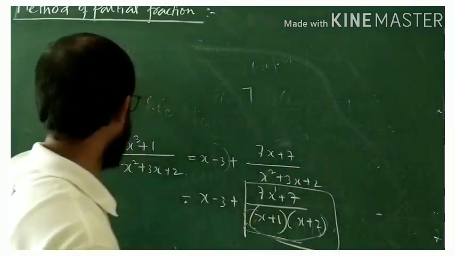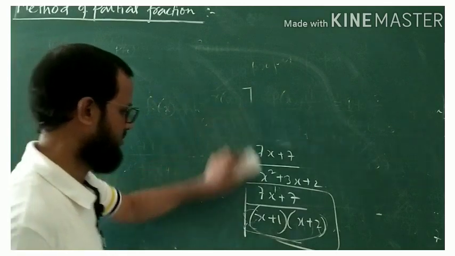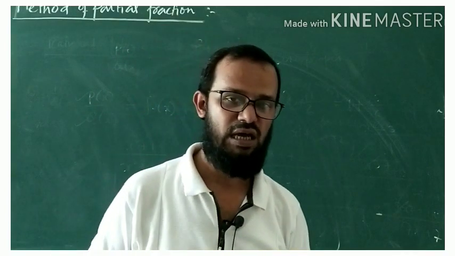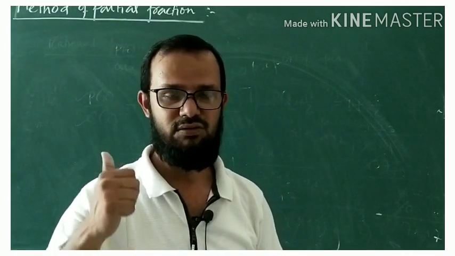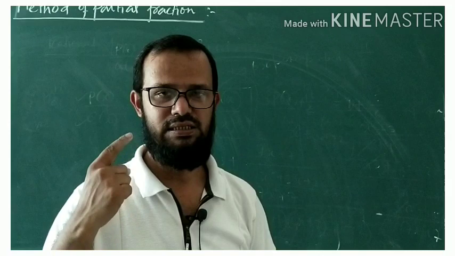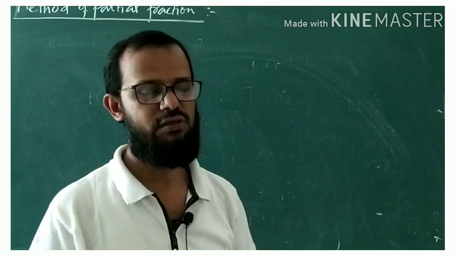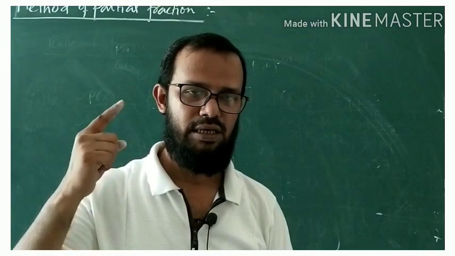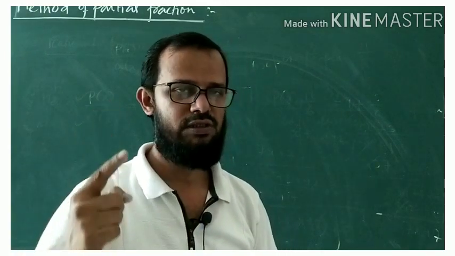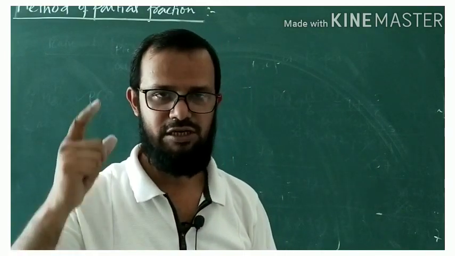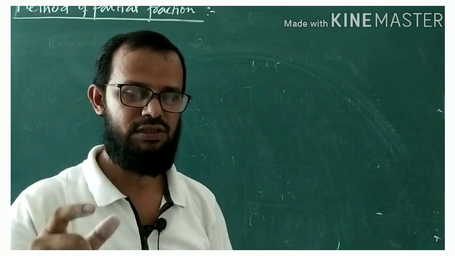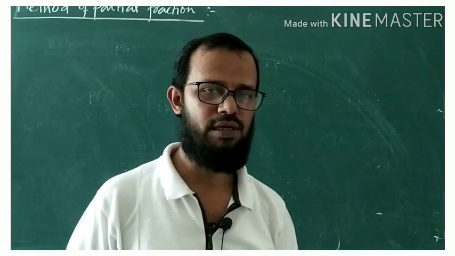Finally, what we understand is that there are two types of rational polynomial functions: one is the proper rational polynomial function, the other is the improper rational polynomial function. A proper rational polynomial function can be resolved into partial fractions if the denominator can be factorized, and an improper rational polynomial function can also be resolved into partial fractions.